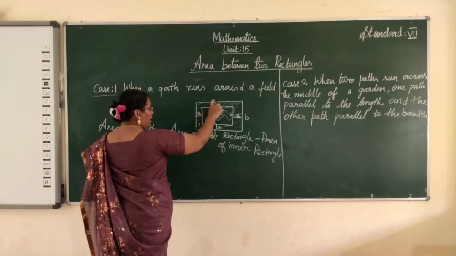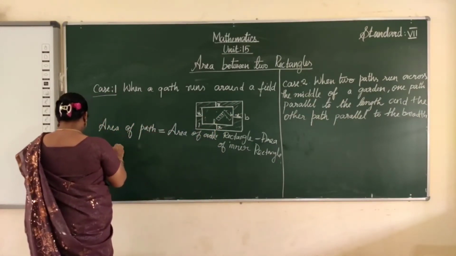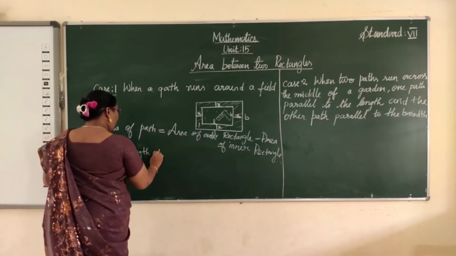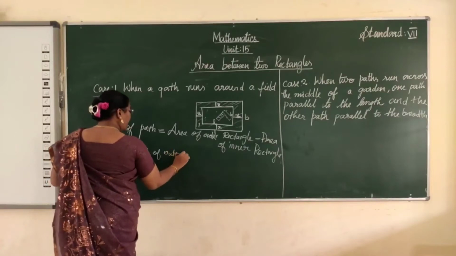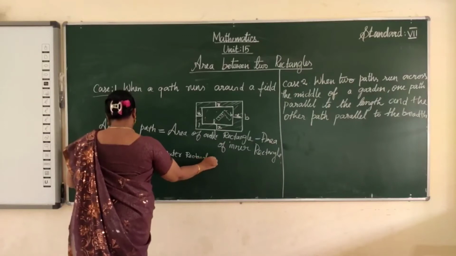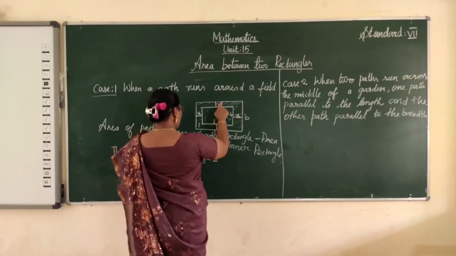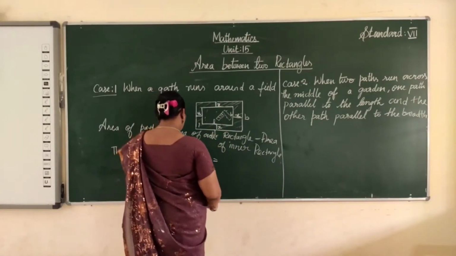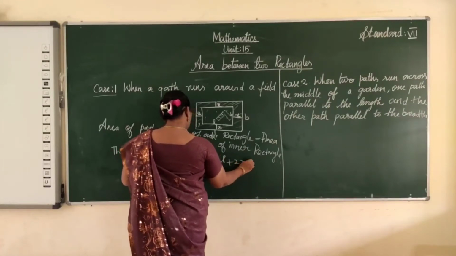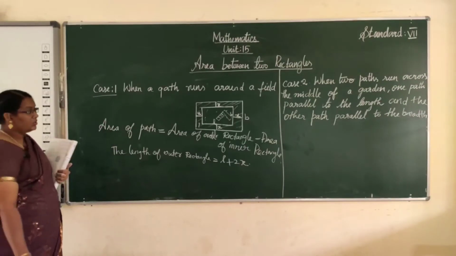Okay, so the length of outer rectangle is equal to L plus x, is it? So here also x, so L plus 2x, L plus 2x.